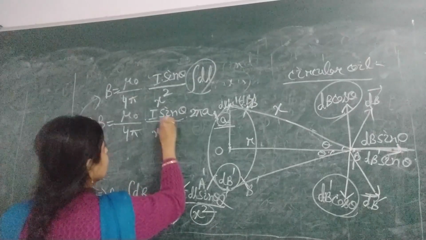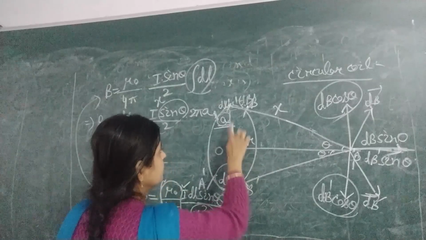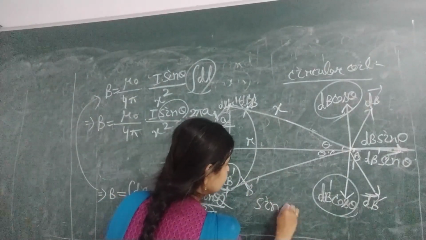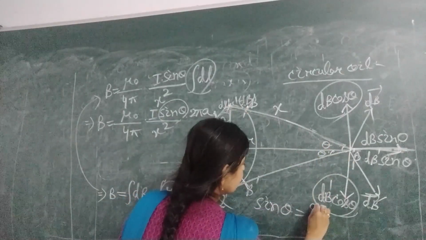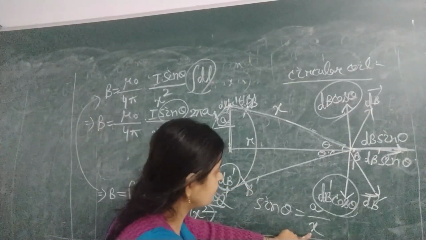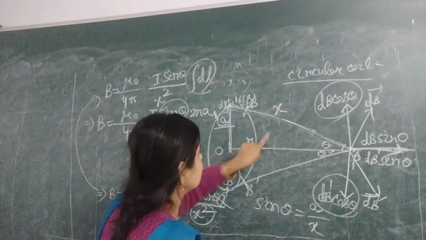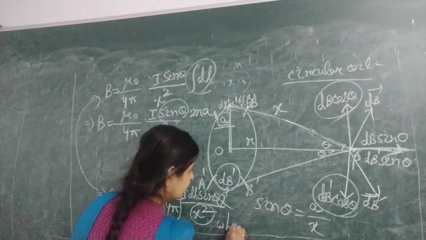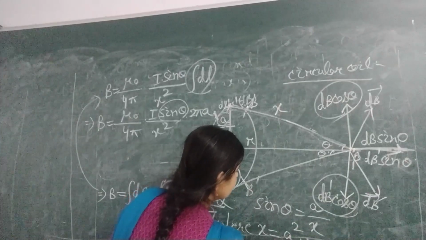Now you can also find the value of sin theta from the diagram. What is the value of sin theta? Sin theta is equal to a divided by x, and instead of x you can write, according to the Pythagoras theorem, x is equal to the square root of r square plus a square, where x is equal to under root a square plus r square.